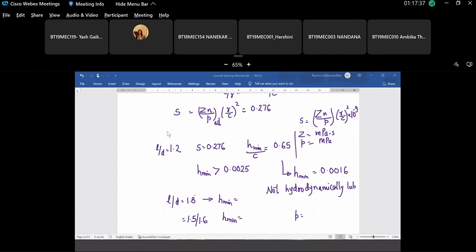0.01625. This is what? This is H minimum. You are saying 0.001625 or 0.01625?